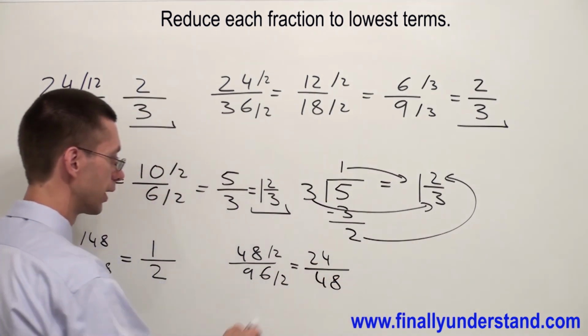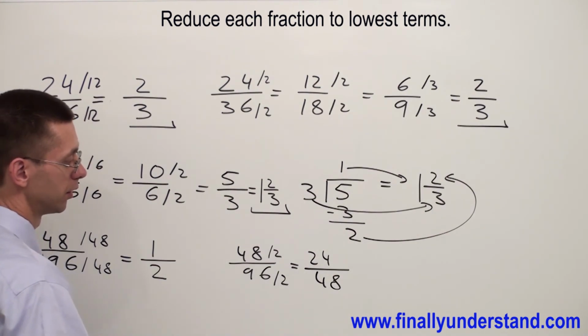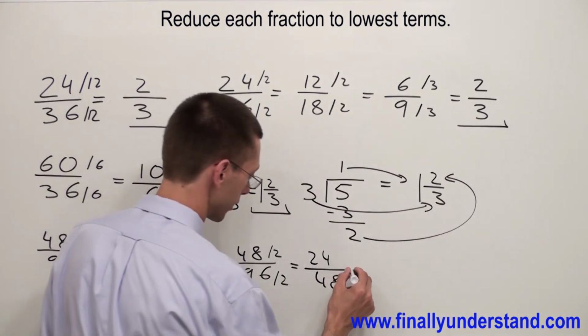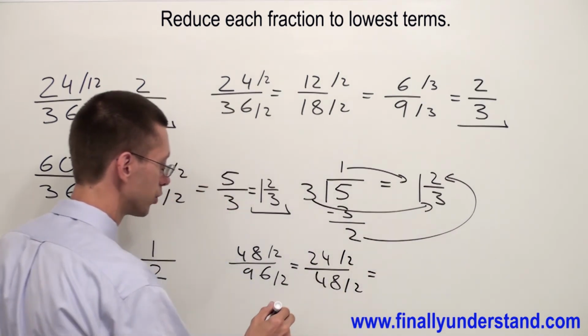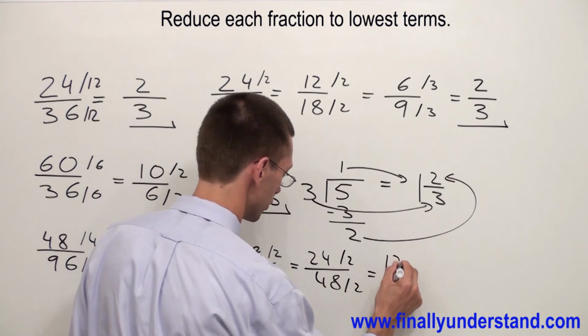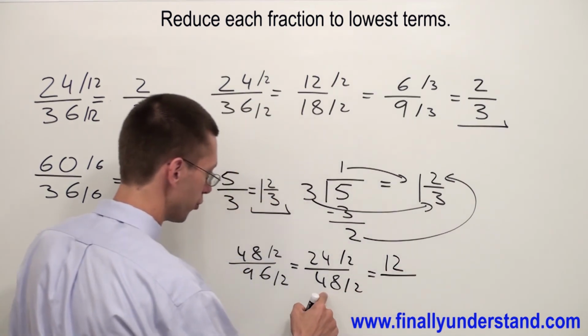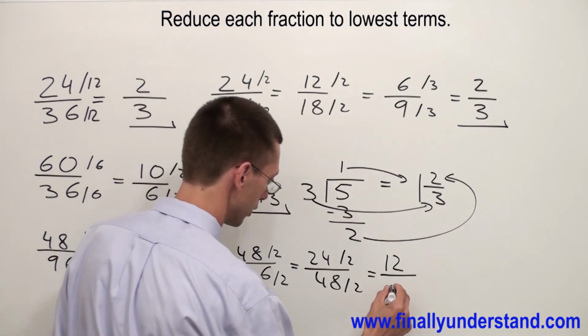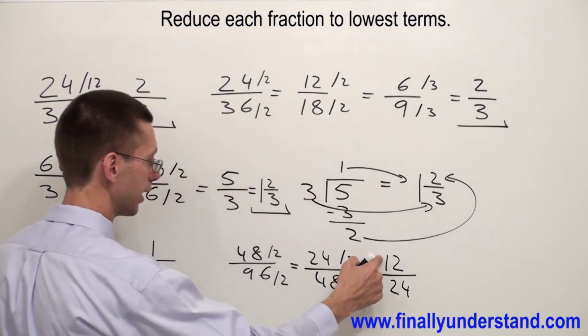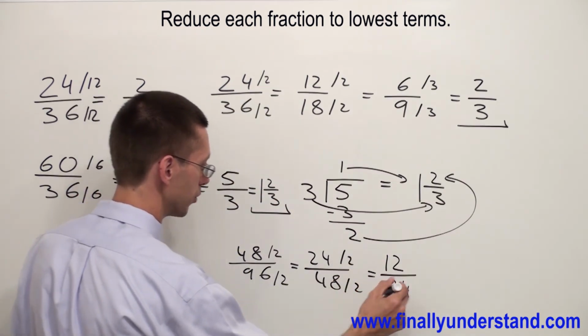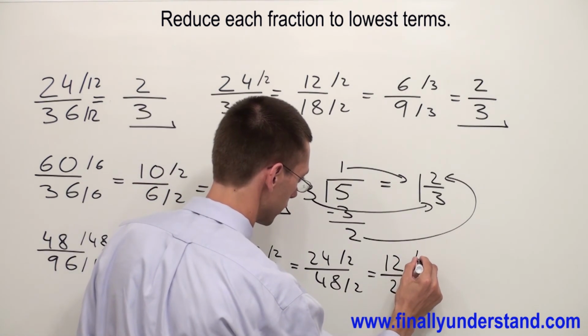Okay, again we have even numbers, so I can divide them by 2. 24 divided by 2 is 12. 48 divided by 2 is 24. Again, I have even numbers. I can reduce them by 2.